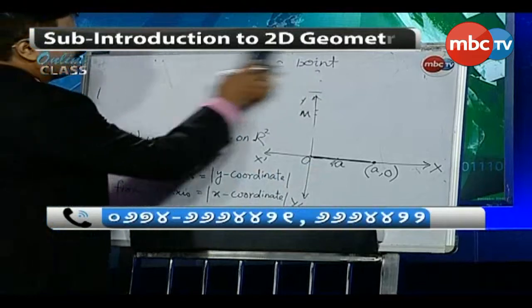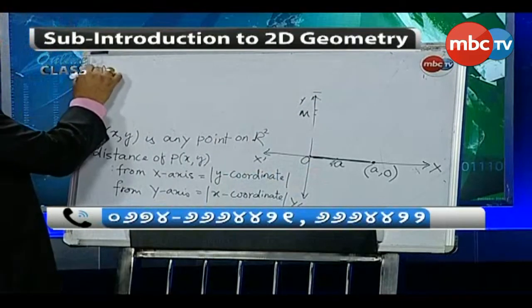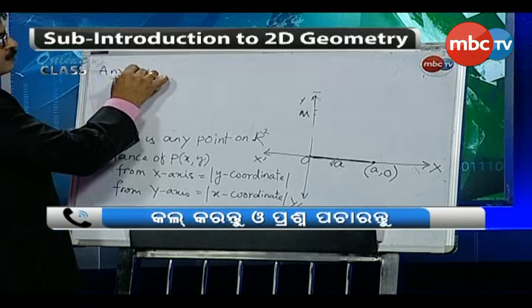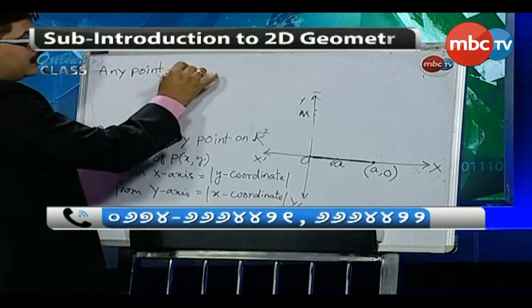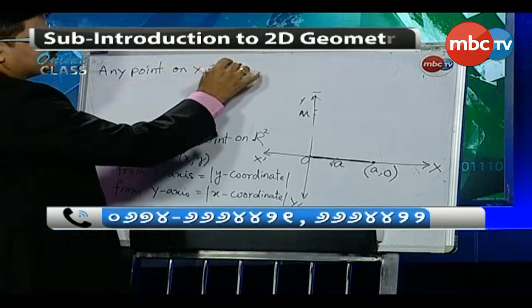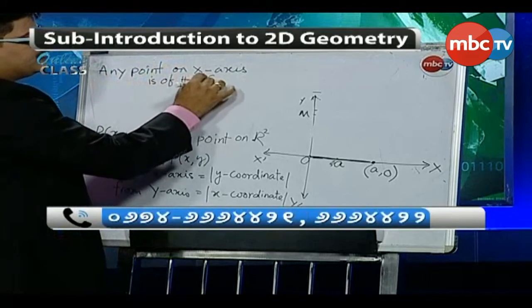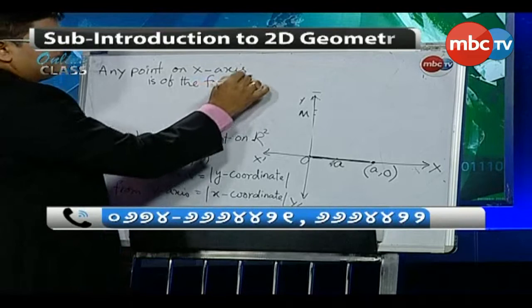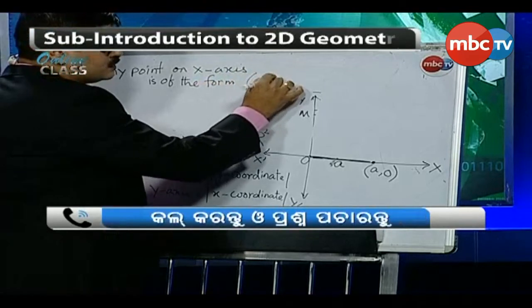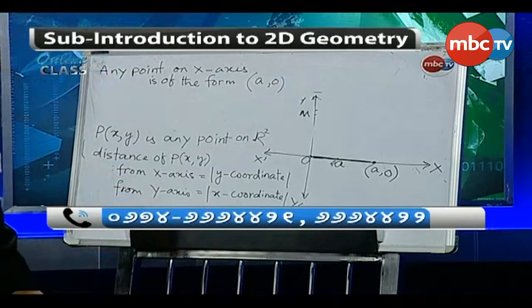So we can say any point on the x axis is of the form (a, 0), or (x, 0) you can also write.